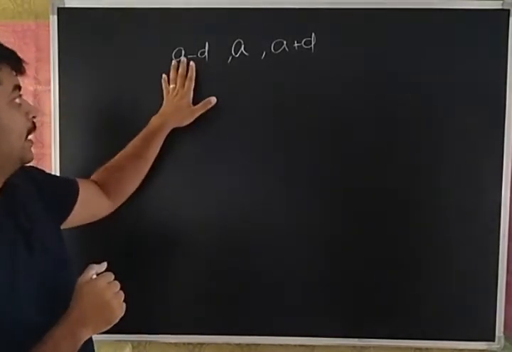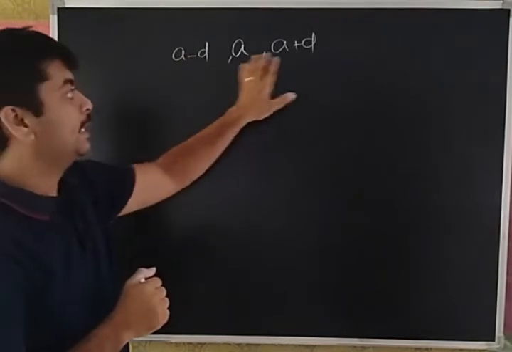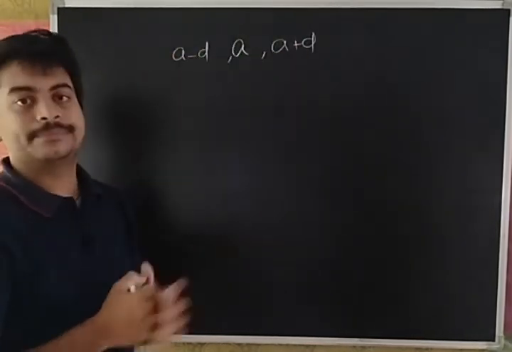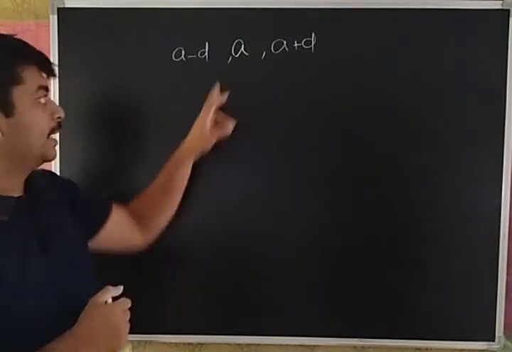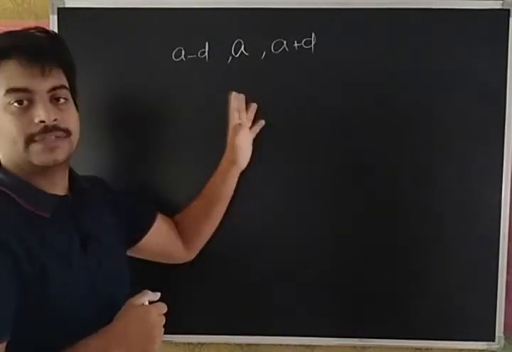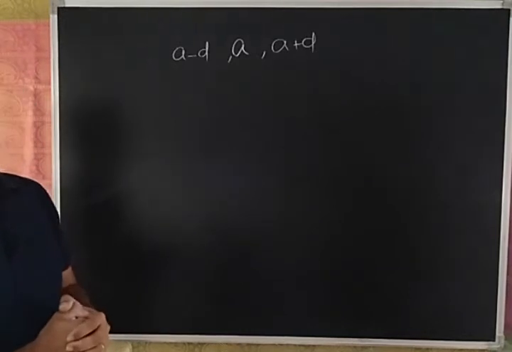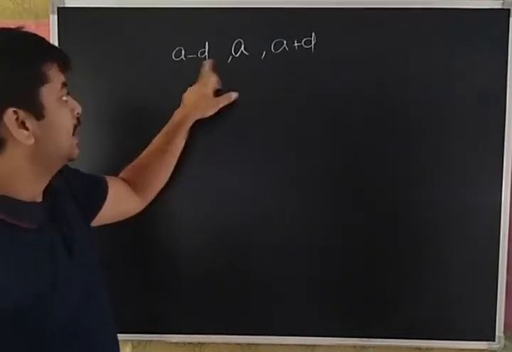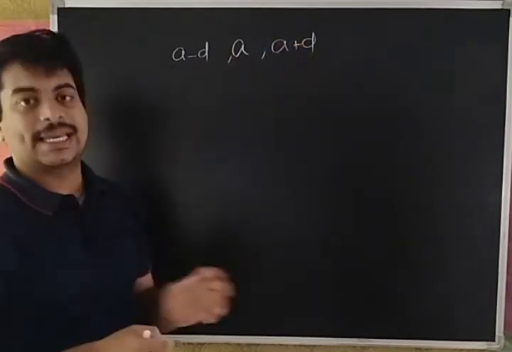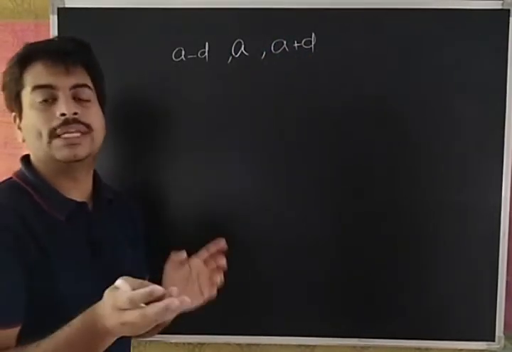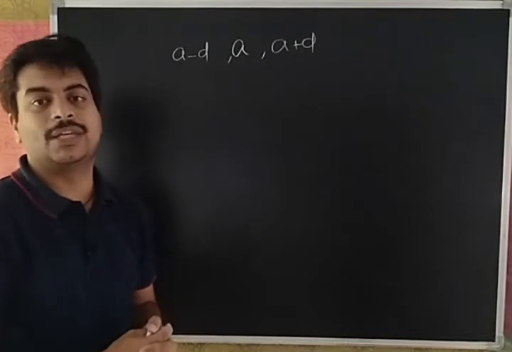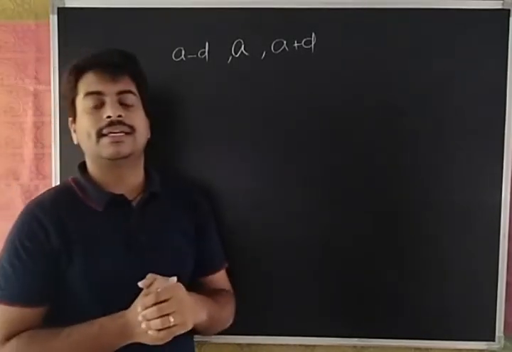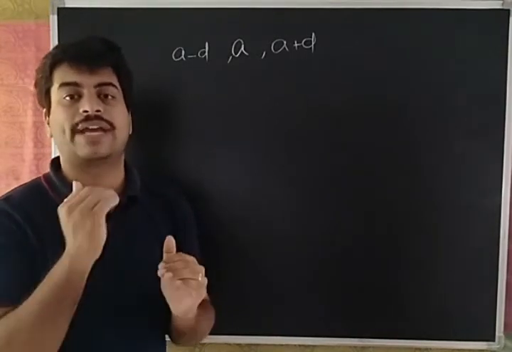When you take the terms as A minus D, A, A plus D, it is still an arithmetic progression with the common difference D. You can check that the difference of any two consecutive terms will be D. When you add all these, D and minus D get cancelled, and you will be left with only A, and you can directly get the value. It will be very easy to solve. The only reason we are writing in this way is for ease of calculation.